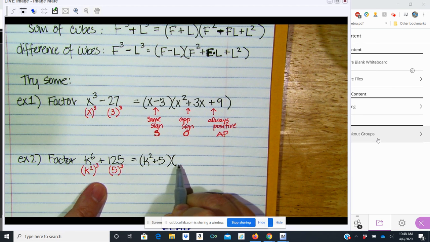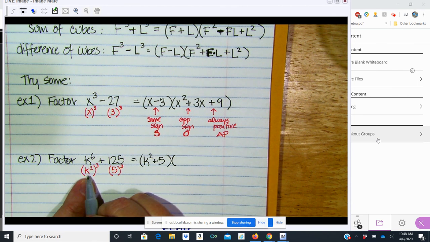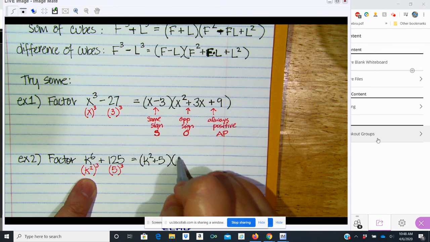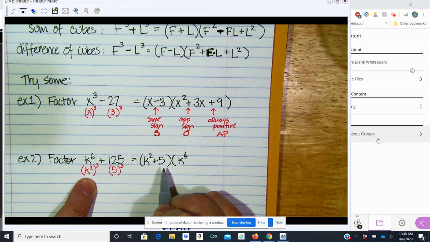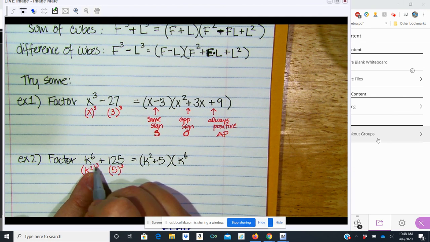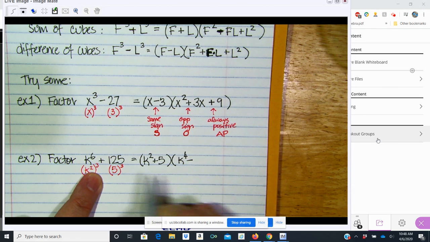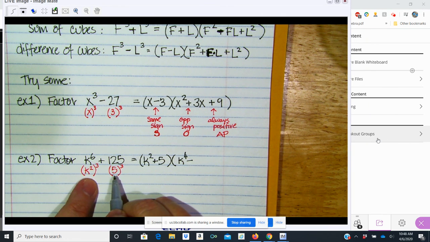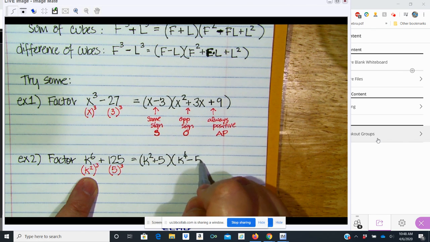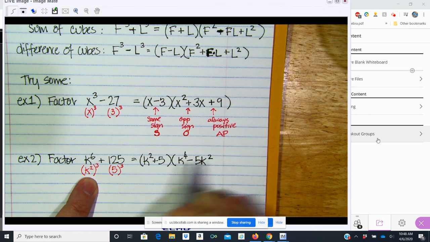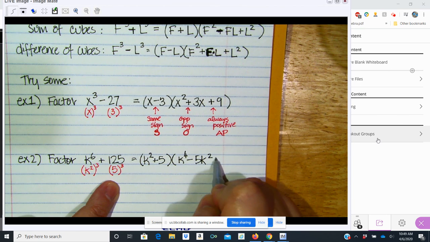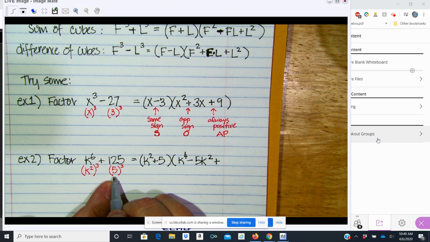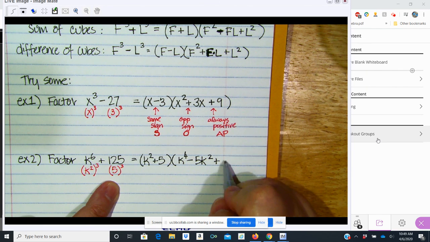My second factor squares the first cube root. The sign will be the opposite of what's here. Then I multiply the 2 cube roots together. The last sign is always positive, and it's the square of the second cube root.